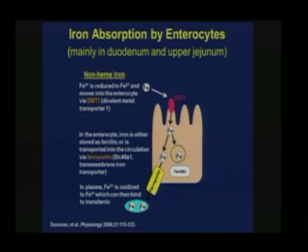Once inside, the iron is either stored as ferritin inside the cell or can be transported into the blood by means of this transporter called ferroportin, which is on the basolateral aspect of the cell. If it comes out in the blood, the iron 2 is oxidized back to iron 3 and then binds to transferrin, which will transport it in the blood.